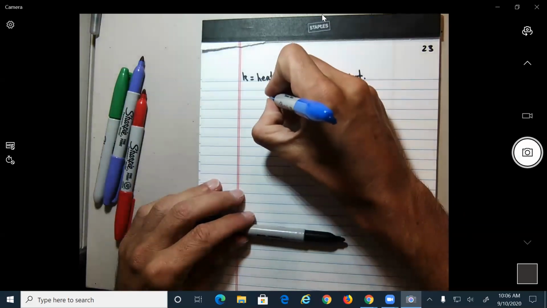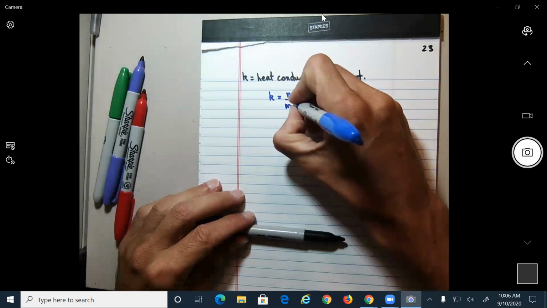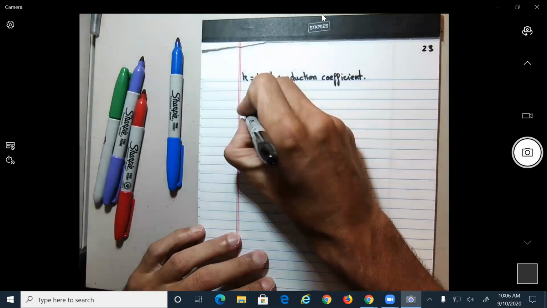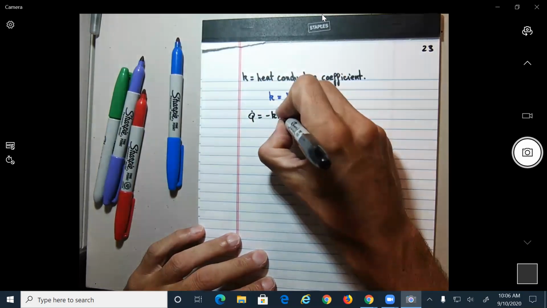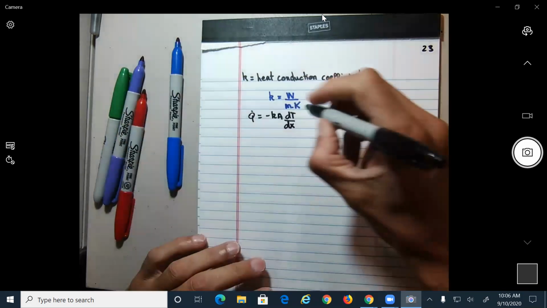So the units for K are watt per meter Kelvin, but all that makes sense because when you have Q equal to minus K A dT dx, what should be the units here of Q?